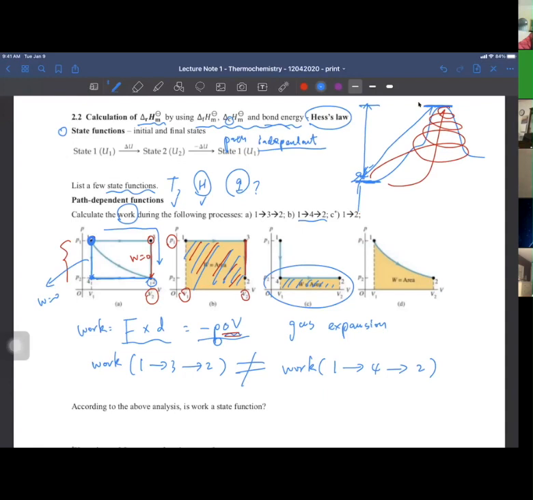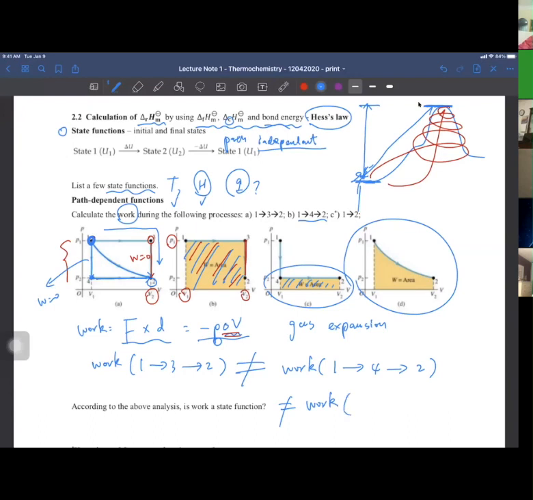Because if you continue to have a look, we can also do a path like this, which will give you a work like this. You need to use calculus to calculate the work done here. This is a little bit beyond the USNCO, so it should be fine. But just let you know, work is path dependent. It's not path independent.